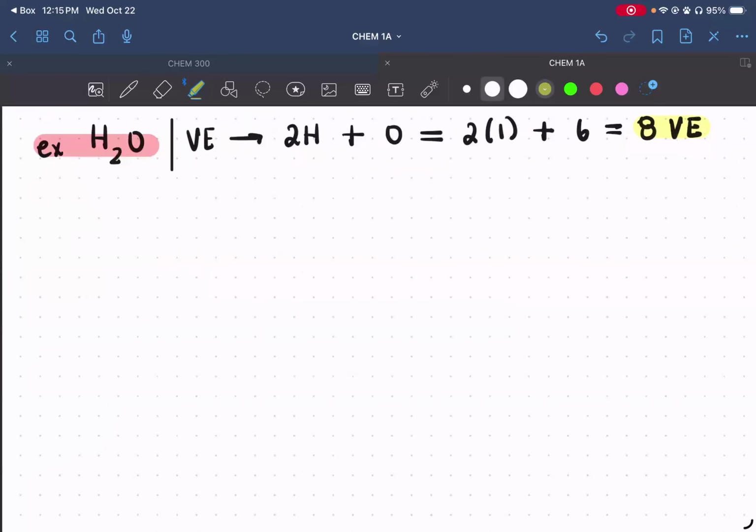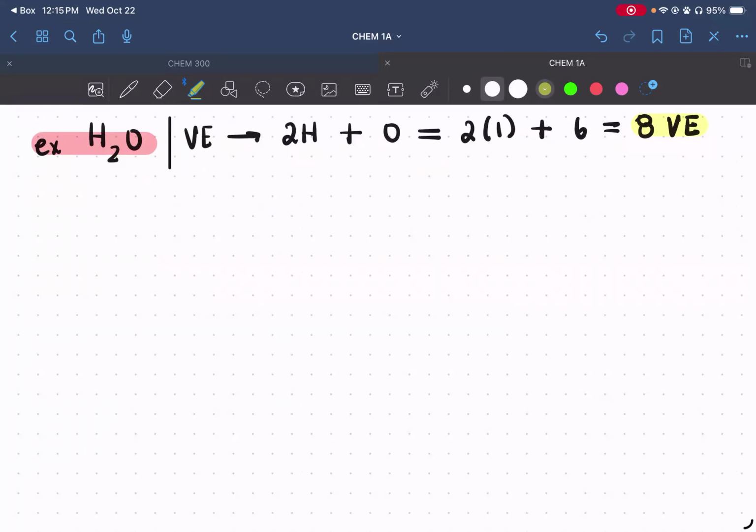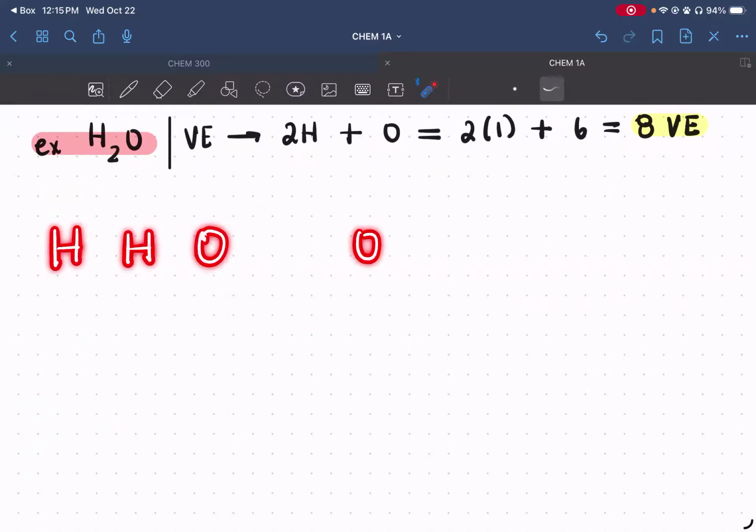Now, the thing about assuming a central atom is that logic and intuition do play a role. For example, here we have H2O. There are a couple different ways that these 3 atoms can rearrange themselves. For example, we can have 2 hydrogens first and then an oxygen. We can have an oxygen, then 2 hydrogens.